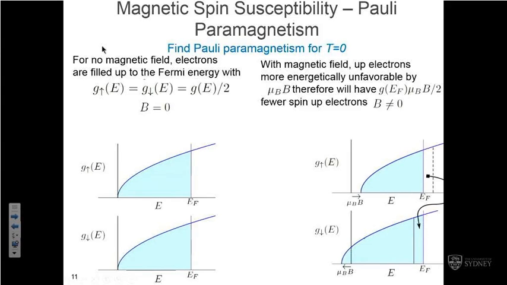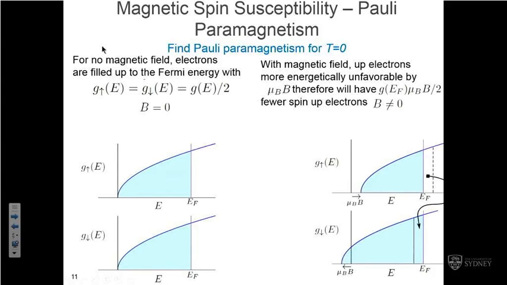They get transferred: they flip their spin and turn into spin down electrons. The Fermi level stays at the same place, but this whole density of states moves downwards by mu B B. So we have flipping of some of the spins when we're in the magnetic field.